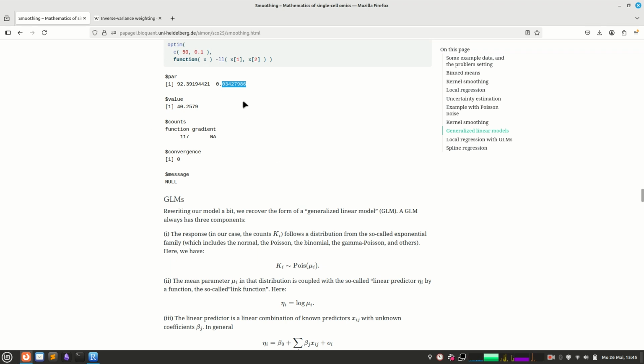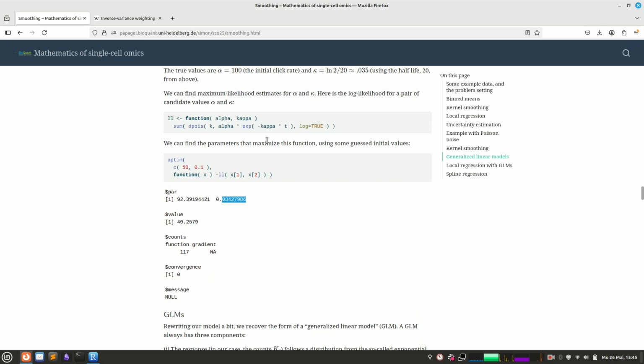And now that we've seen the general idea that we use maximum likelihood, one thing that's worth noticing at that point is what would happen if in my likelihood function I had put the normal distribution at this place instead of a Poisson.